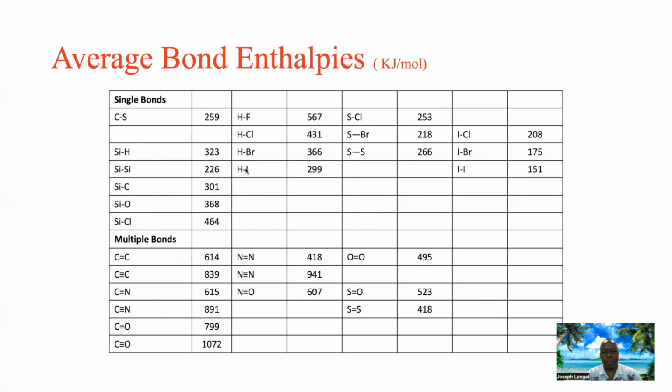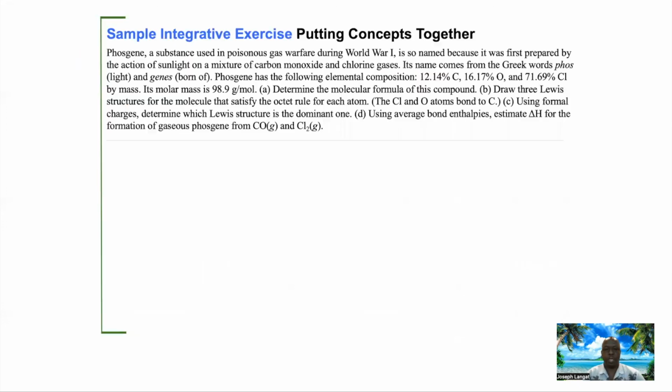Remember, bond enthalpy has to do with breaking of this bond. And the larger the radius, especially for the anion, the ionic radius is getting bigger and bigger, and then it's very easy to split that.